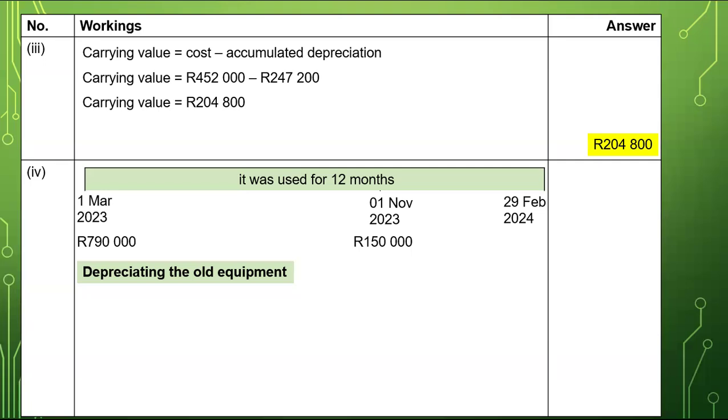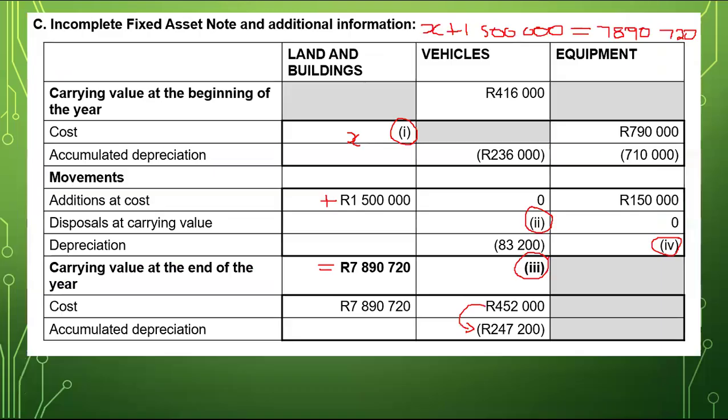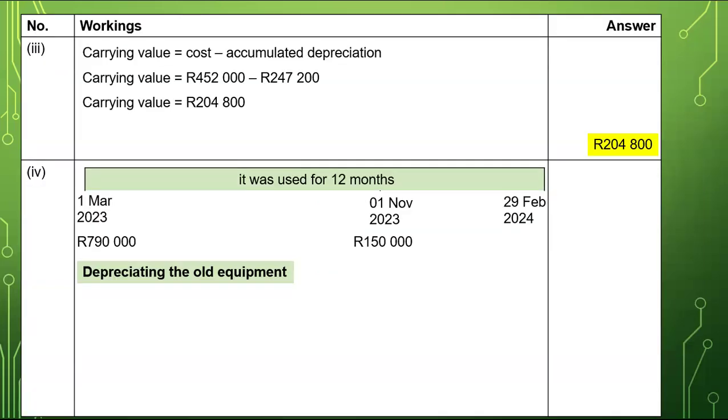You were given the cost of the old equipment, which is 790. You were also given accumulated depreciation of the old equipment, which is 710. To get the carrying value, you take 790,000 minus 710,000. It'll give you a carrying value of 80,000.